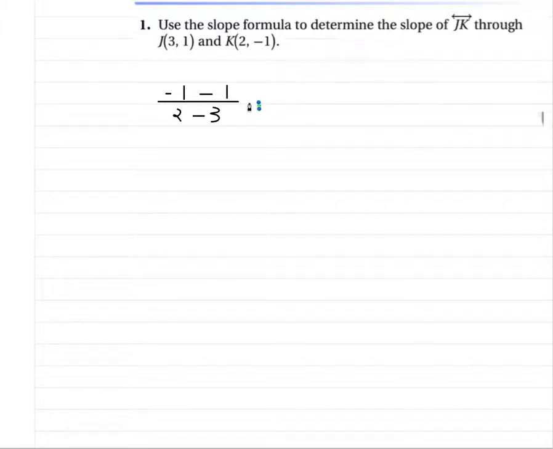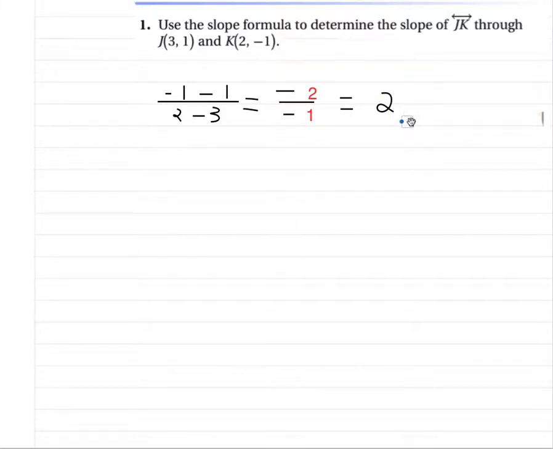Alright, so if you look at the top, you will see that it is negative 1 minus 1, which is negative 2, and on the denominator then it is 2 minus negative 3, which is negative 1, and that equals a slope of 2.